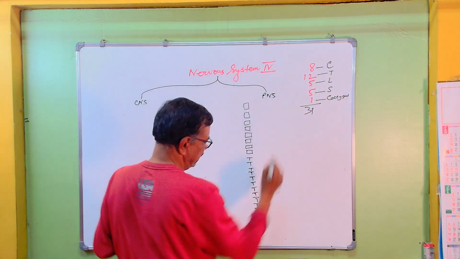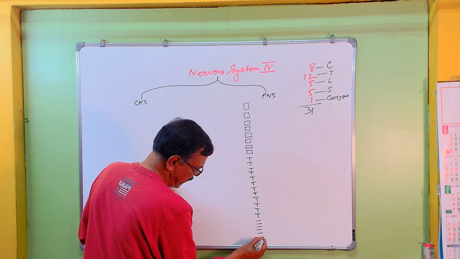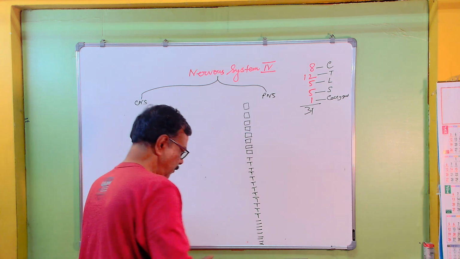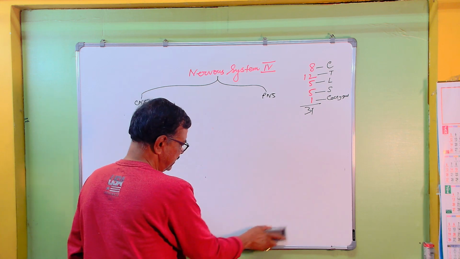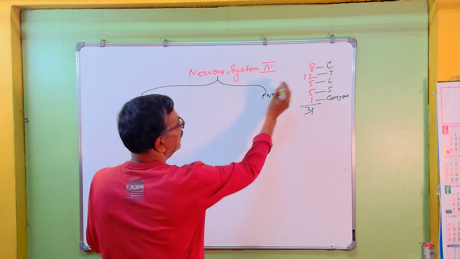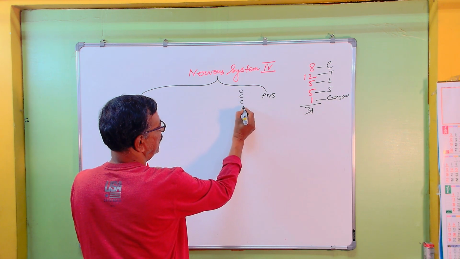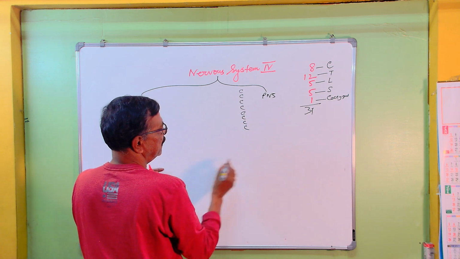Then lumbar and sacral, 5 and 5. 1, 2, 3, 4, 5, then again 1, 2, 3, 4, 5. So let me write it a little bit away, because sometimes a question comes. Cervical 8: 1 to 8.